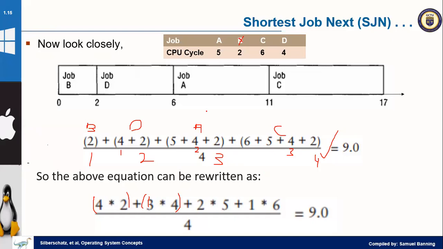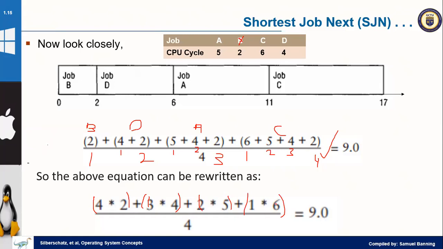The third job, sorry, is 5. 5 appeared 1, 2. That is why we have 2 by 5. And then the time for the last job, that is job C, 6, appeared once, which is this one here. That is why you have 1 by 6. I hope this is making it even clearer.